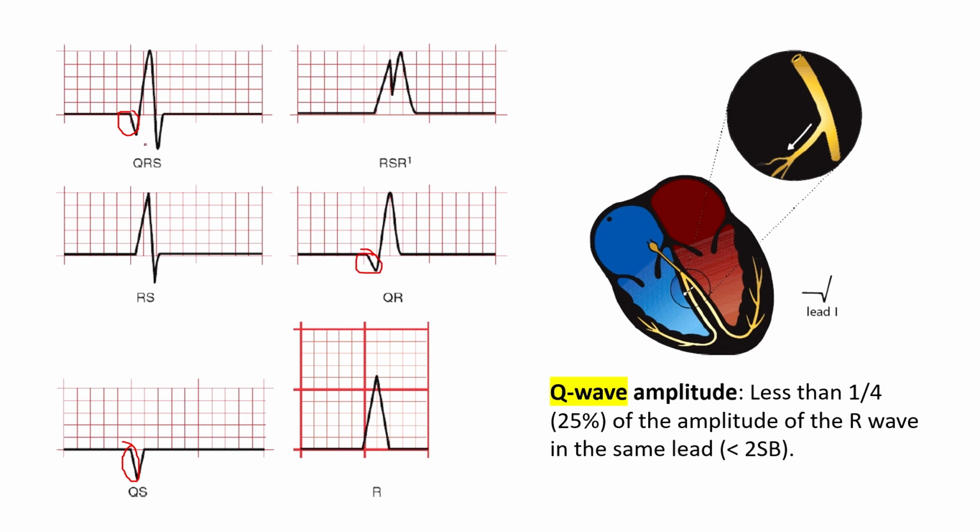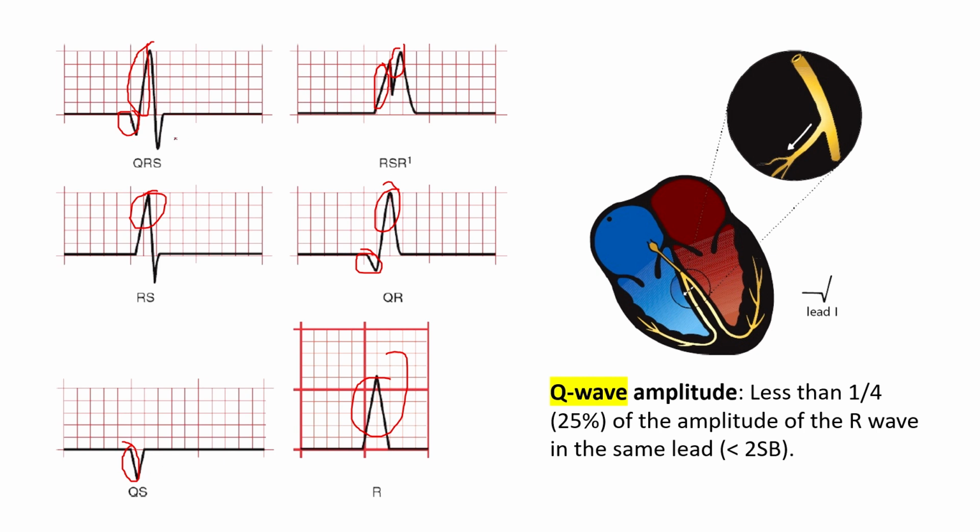And anything that comes, even in the beginning or later, doesn't matter, if it has a positive deflection, like in this case, it's called the R wave. This is an R wave, and even this one is an R wave as well, because it's going up. R wave here as well. And this one you will not call an R wave because it's still on the negative side.